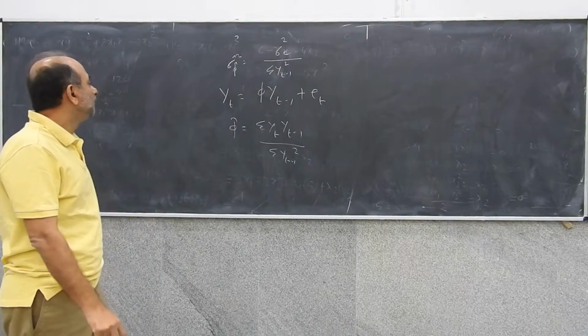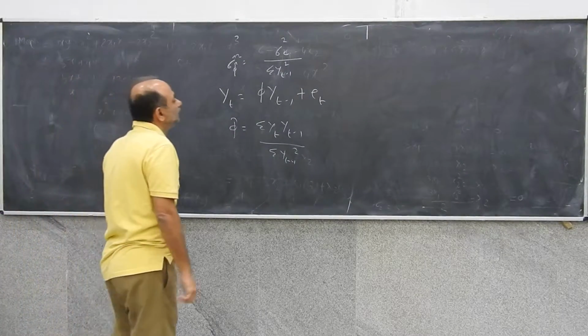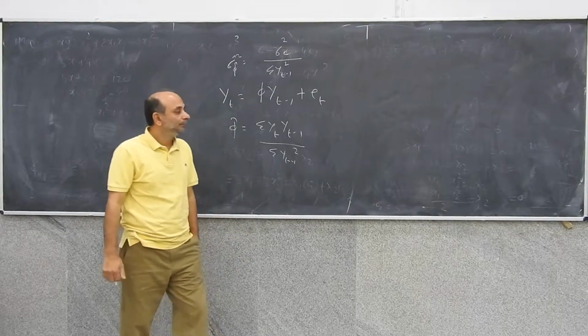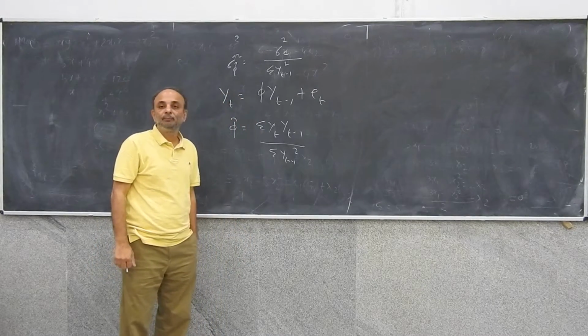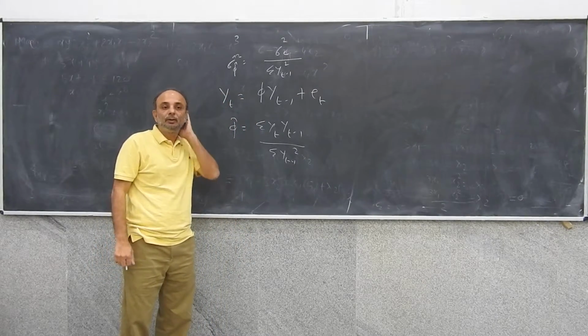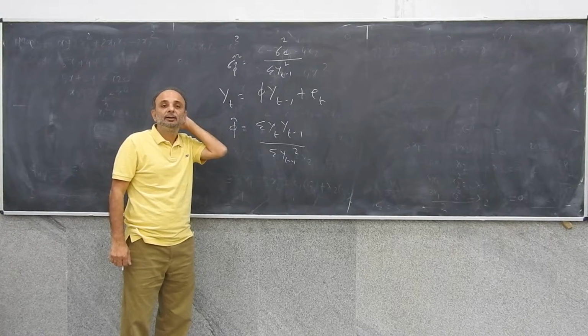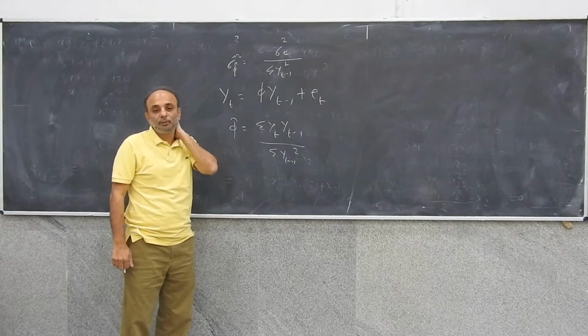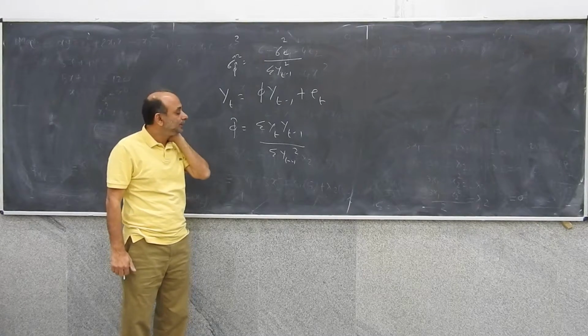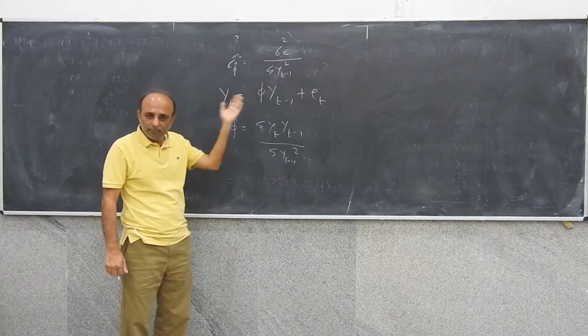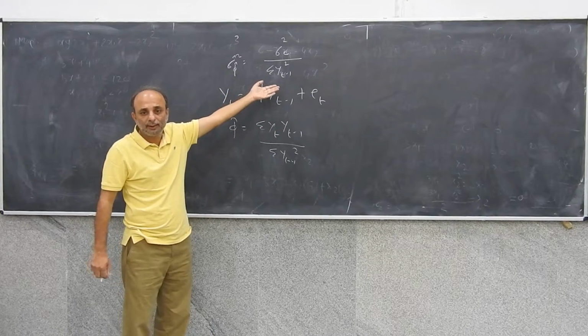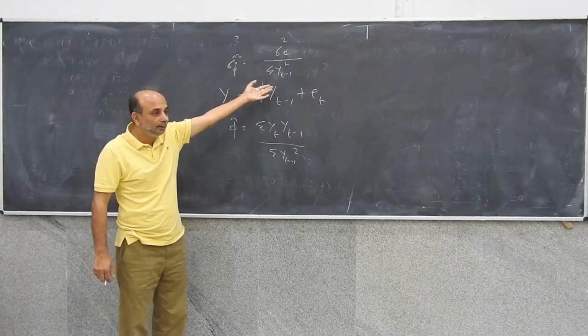Why would sigma square phi hat be sigma square e upon summation yt minus 1 square? Because what is the formula for the variance of beta hat? Sigma square upon summation x square. What is x here? Yt minus 1. Right?